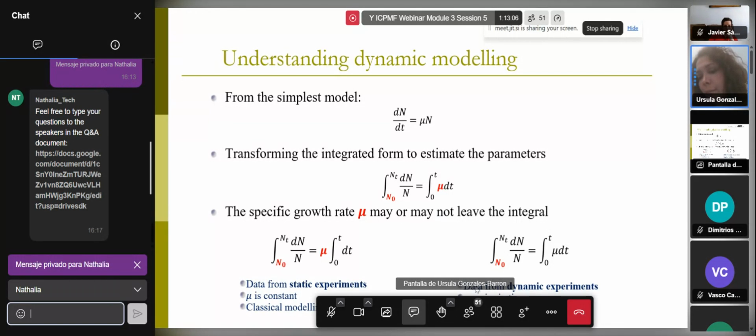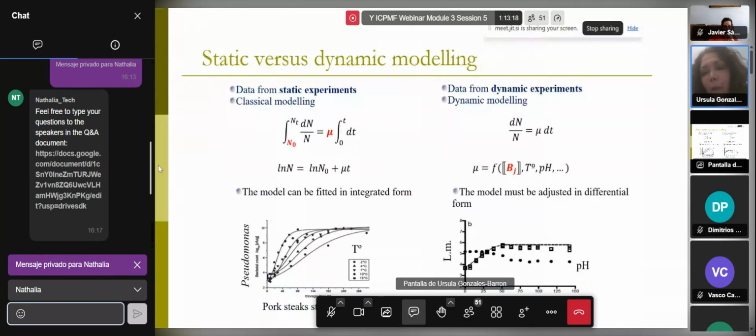But in this case, I have data from dynamic experiments because mu changes, varies in time, so I have to fit the model as a differential equation. For example, the omnibus modeling, this part that I showed you previously, will fall within the classical modeling because they were obtained from static experiments.